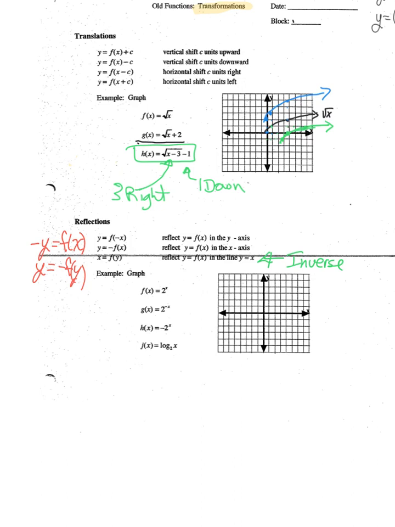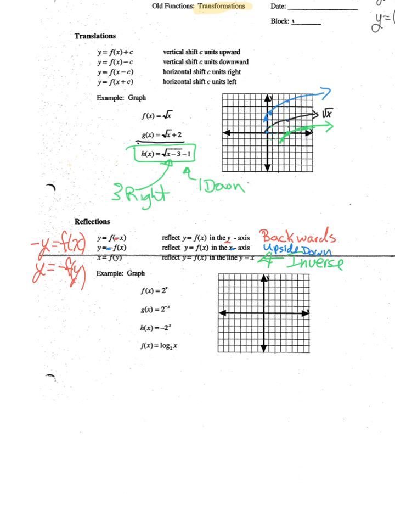When we flip something, change the sign on x, and you flip it over the y-axis, it will look backwards. Okay, so when the negative is in front of the x, you're reflecting in the y-axis, it looks backwards. When the negative is in front of the y, you are reflecting in the x-axis, and it will look upside down.